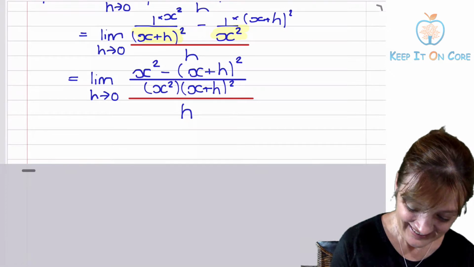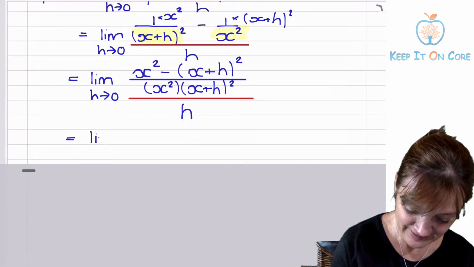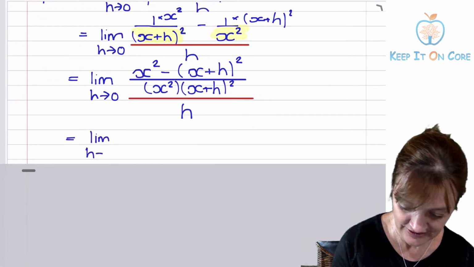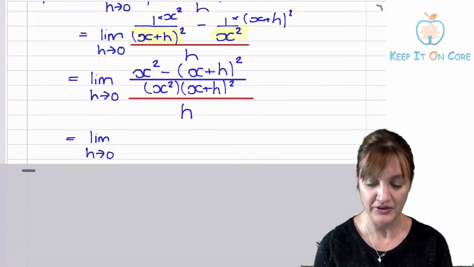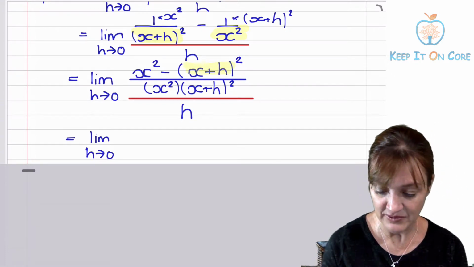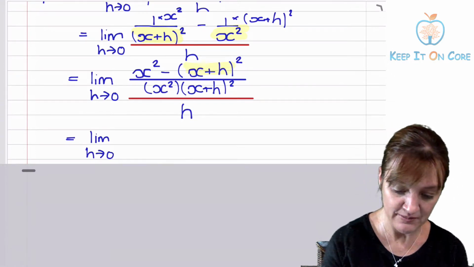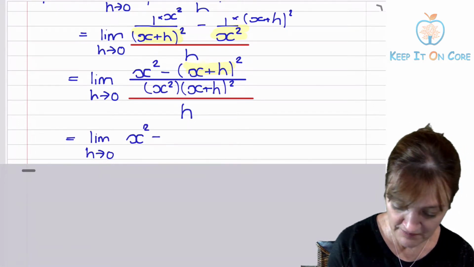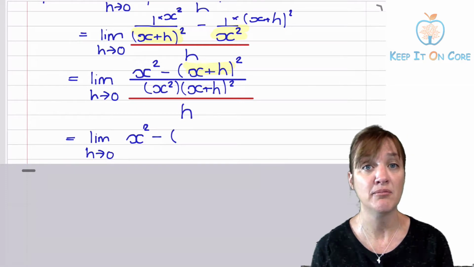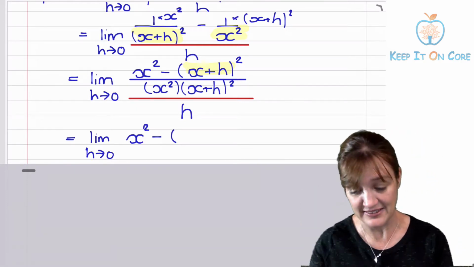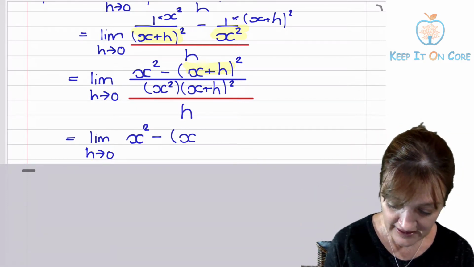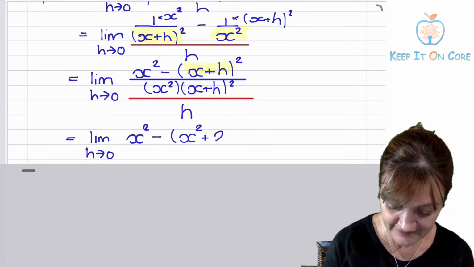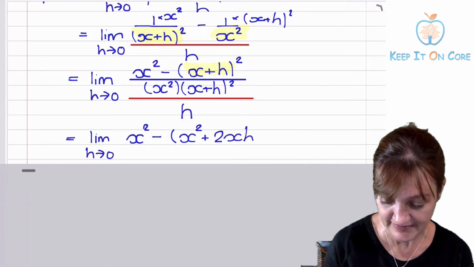Equals the limit as h tends towards 0. Now our next thing is that we need to FOIL that out. We need to make sure that we get all those brackets gone. So x squared minus, and please make sure that you keep this part in brackets because the negative needs to distribute into it: x squared plus 2xh plus h squared.